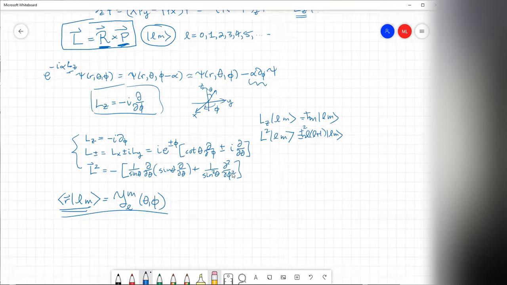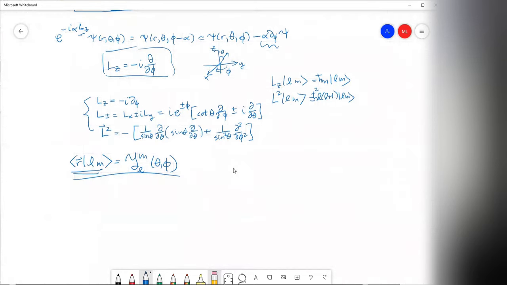Okay, so this is all very useful because oftentimes you get Hamiltonians, so you get energies that just depend on angular momentum, motion.